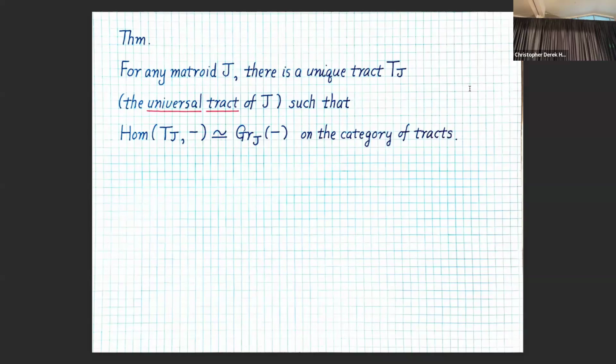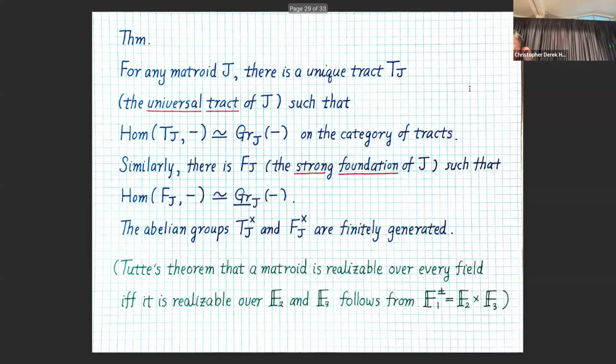It's the same thing as functors in the category of tracts. And the construction is sort of topological. And similarly, there is a tract F_J called the strong foundation of J, which represents the realization spaces. And their unit groups are finitely generated.